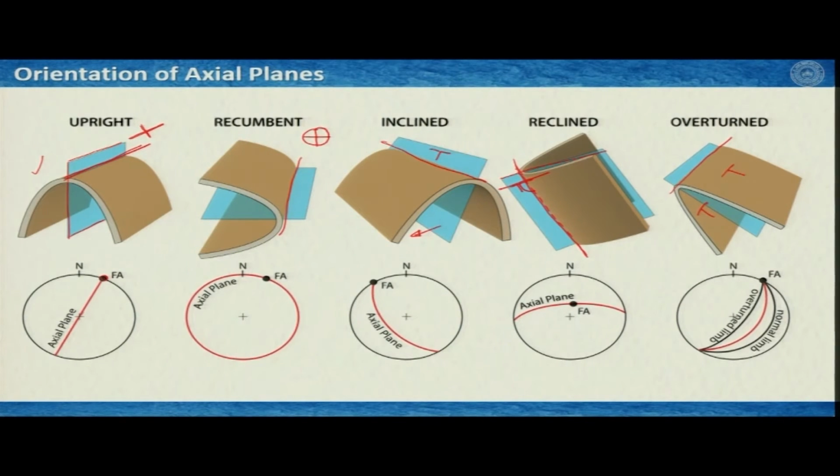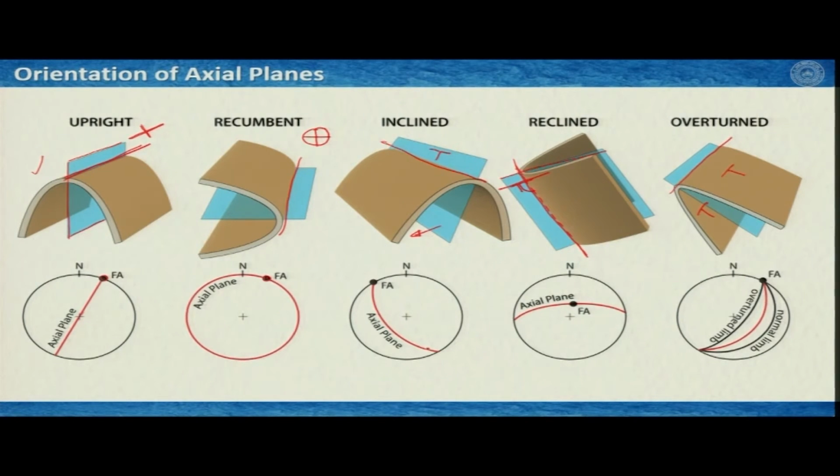On the recumbent fold, it does not have any strike because it is a horizontal bed, so the entire primitive circle is actually the plot of your axial plane, and the fold axis you can plot, if you can measure it, is somewhere here, and this is also horizontal. In the inclined fold, as we have seen here, it is dipping in this direction.